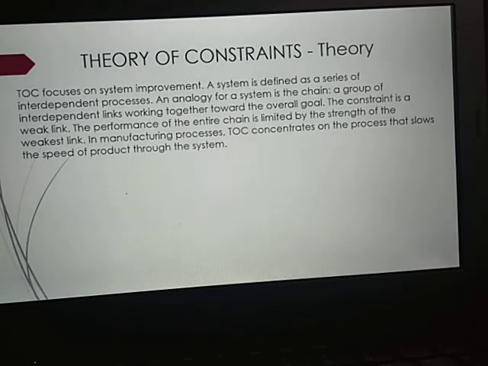The constraint is a weak link. The performance of the entire chain is limited by the strength of the weakest link. In manufacturing processes, TOC concentrates on the process that slows the speed of product through the system.